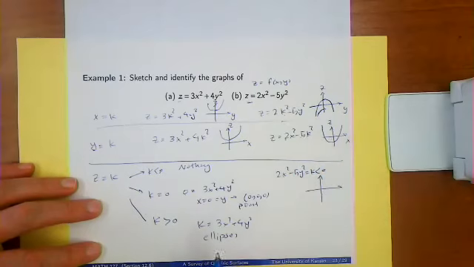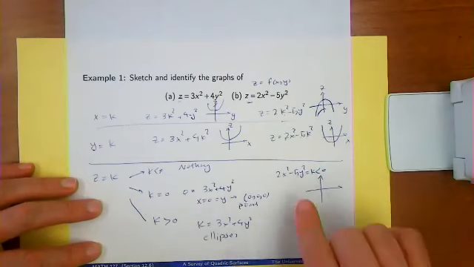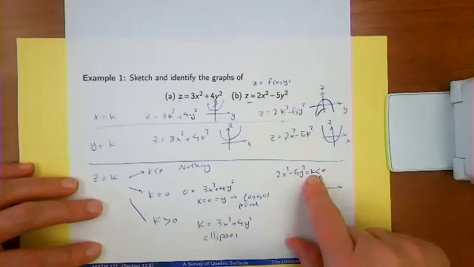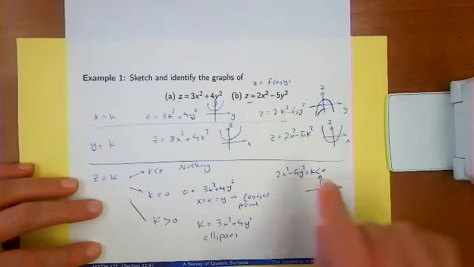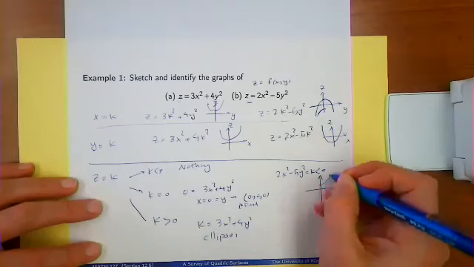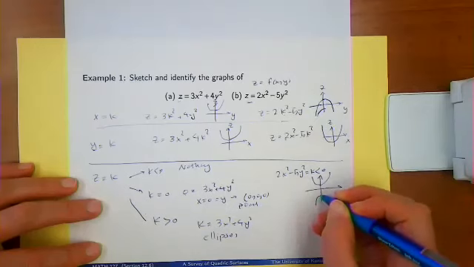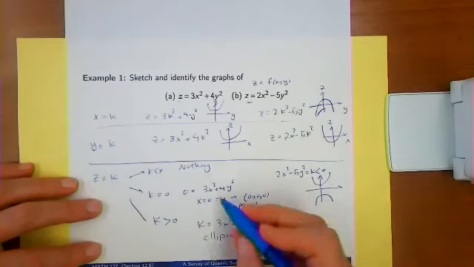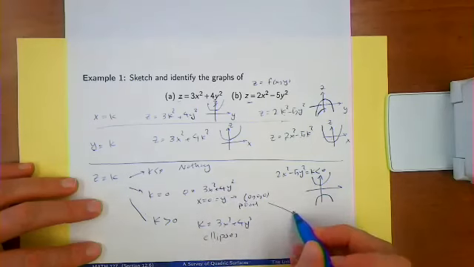I just have to figure out which hyperbolas. If k is less than 0, if I plug in x equal to 0, I can get a y value. So there are y-intercepts.